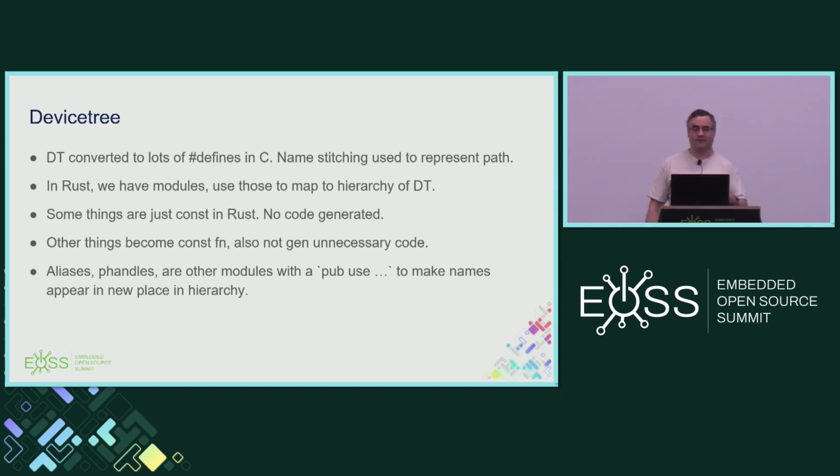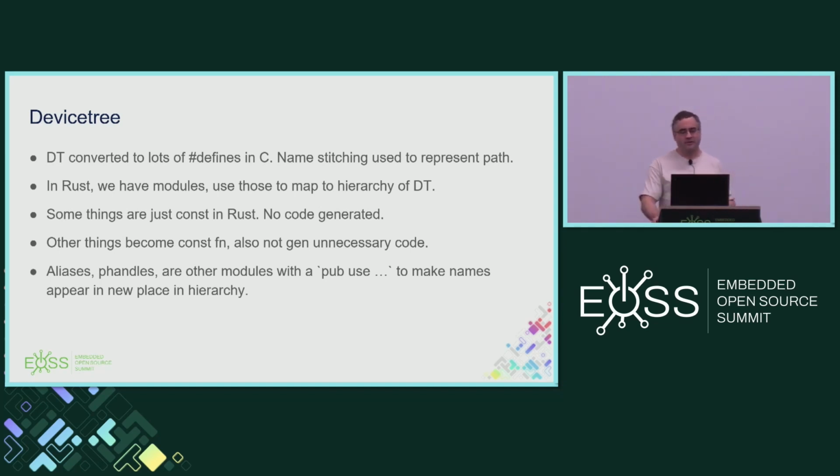We do it with just underscores, and we have an N for the root and that kind of thing. Needless to say, that's not a really good solution for Rust. If anything, the ability to stitch names together in a macro is an unstable feature. And one of my goals is to try to avoid needing to depend on unstable.